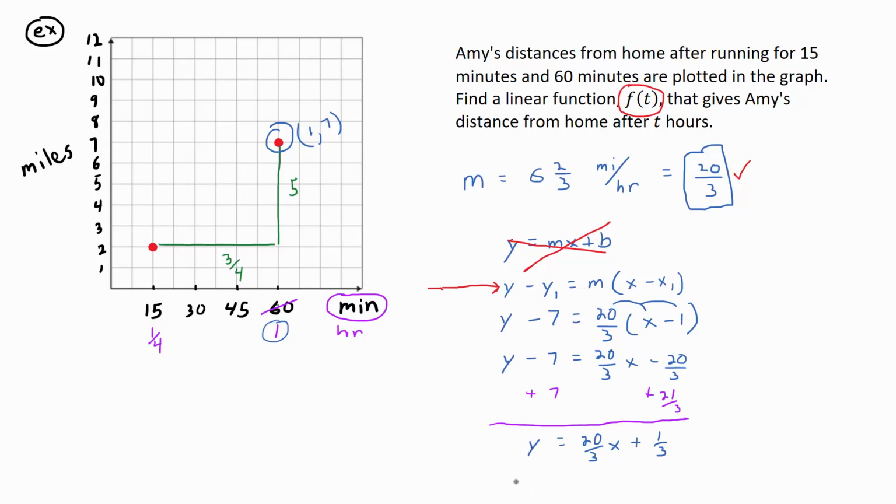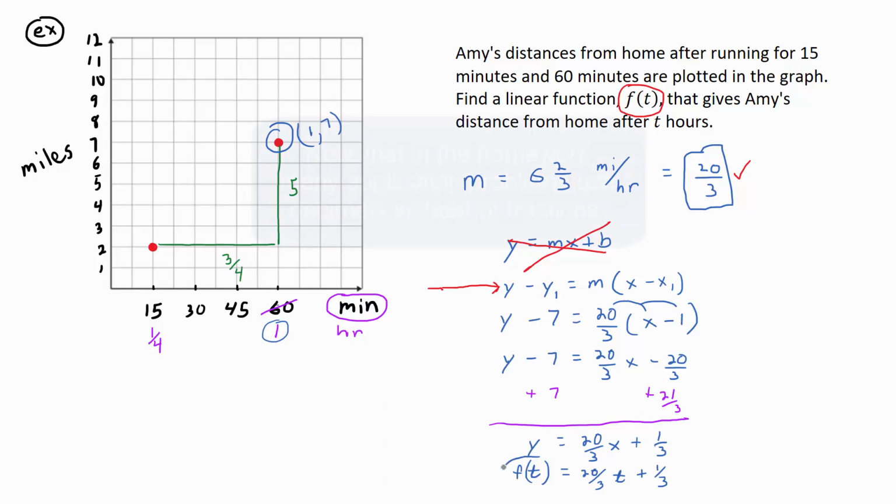And then remember, we're basically instructed to call the function f of t, which means we're going to replace y with f of t. And if you use f of t for your output, automatically t is your input. So you've got to replace x, the input, with t: 20 thirds times t plus 1/3.